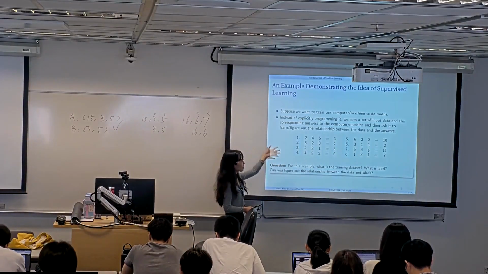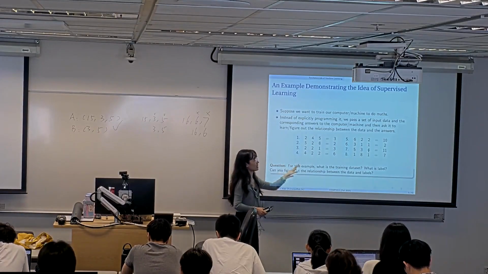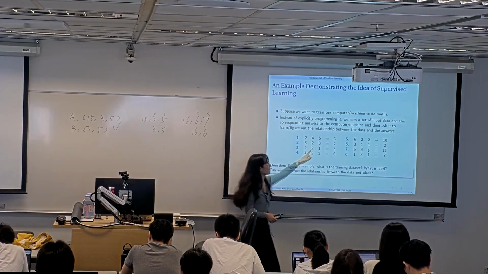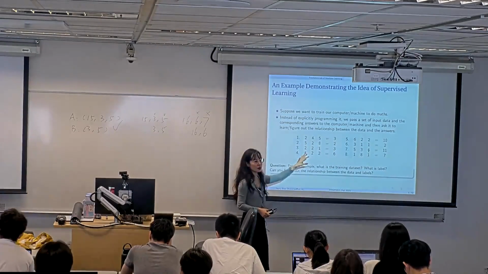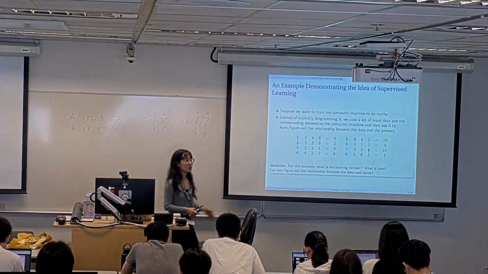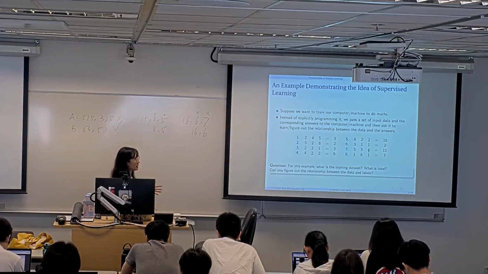We can see that each data point has 3 features, right? And then the label is the correct answer here. The first data point has the label 3, the second has the label 2, and so on and so forth. Very good, you already get what training data and a label are.